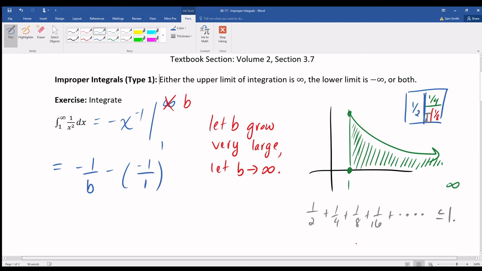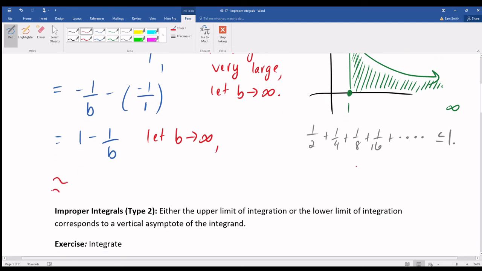After simplification, this would be 1 take away 1 over b. Now, b was just a placeholder, and if we let b approach infinity, then 1 over b will shrink towards 0. So this limit will work out to be 1, because 1 over b is going to completely go away.